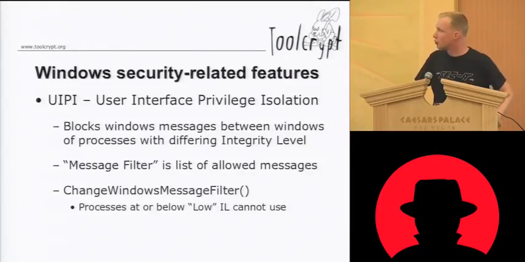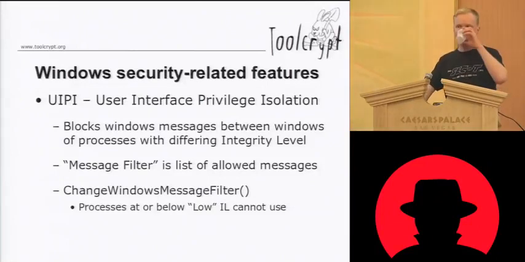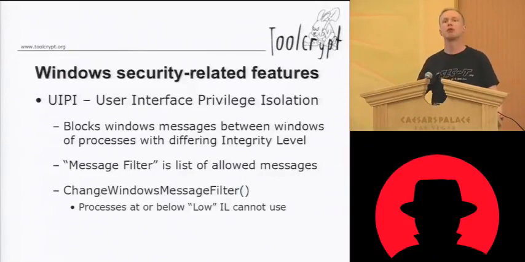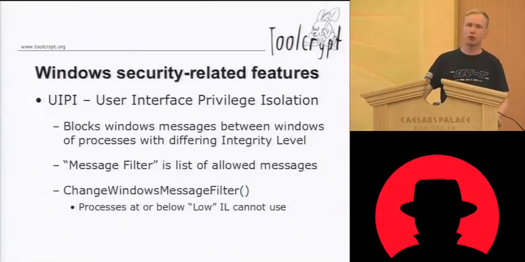And to try to mitigate this problem, Microsoft introduced a feature called UIPI, or User Interface Privilege Isolation. And it implements a kind of filter of approved Windows messages that can be sent between windows of different integrity levels.